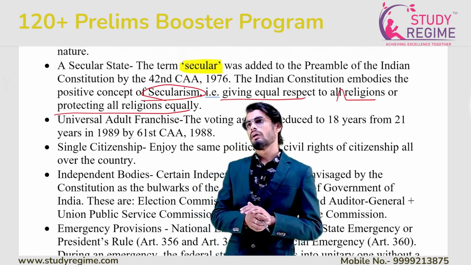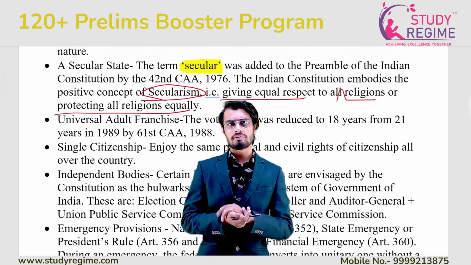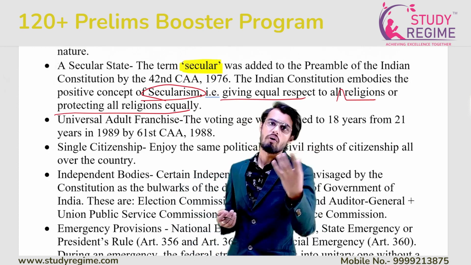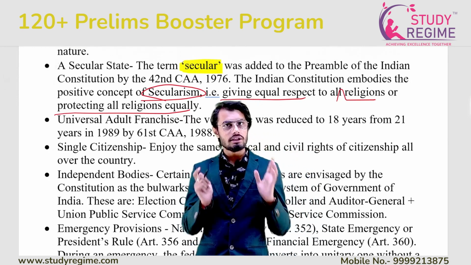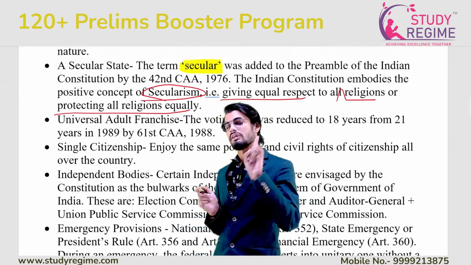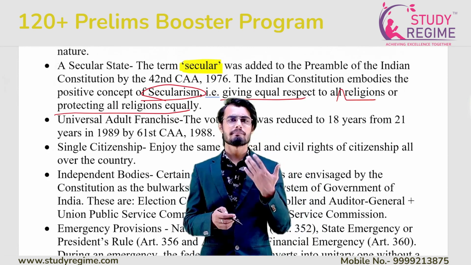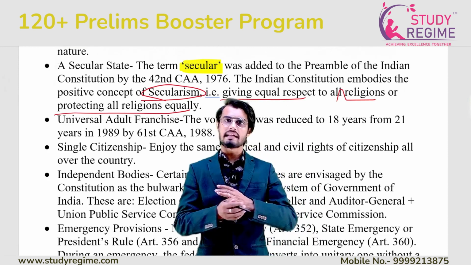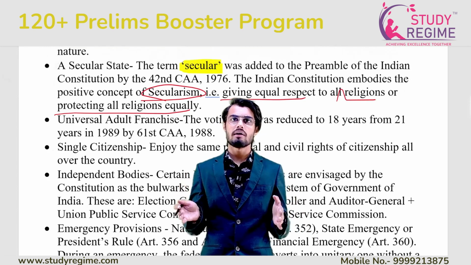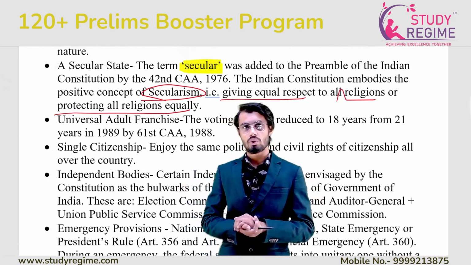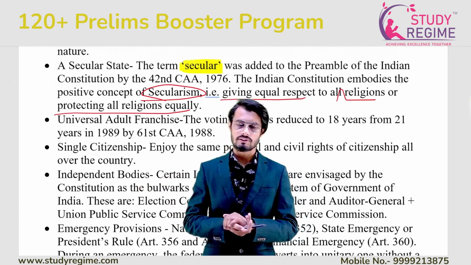See, how many kinds of secularism can you think of? First, a country where there is one religion as a state religion. For example, Pakistan, okay, it has Islam as a state religion, okay. Then you do have some Gulf countries as well.